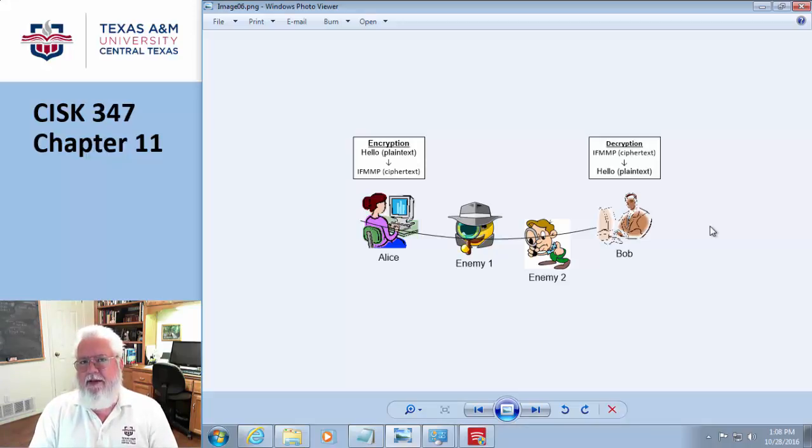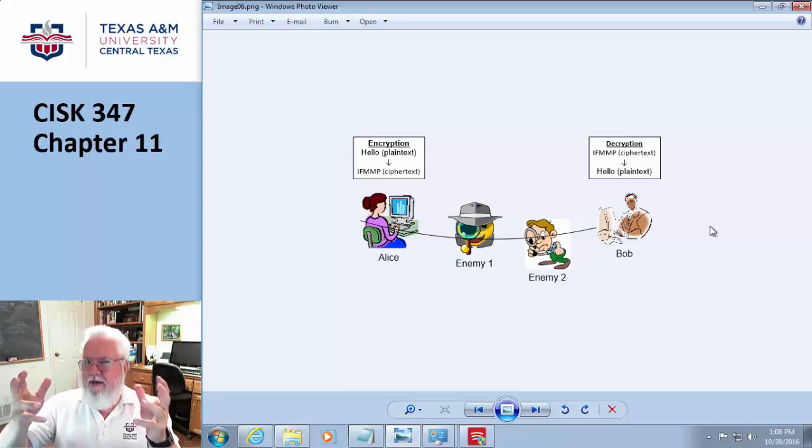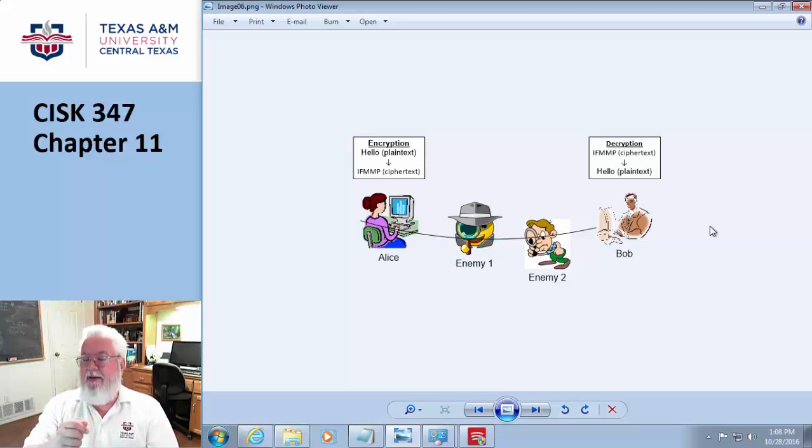Asymmetric is a little different. Asymmetric uses two keys. It takes two to tango. So when I want to unlock something, I have to have two keys. I use one key for the encryption piece and another key for the decryption piece. This is somewhat analogous to going to a safety deposit box, where I have my safety deposit box key, but that's not going to open my box.